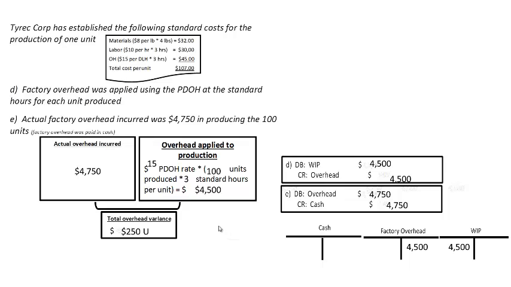I've just posted entry D, and I'm going to now post entry E. And you can see when we post entry E, we now have a factory overhead balance with a debit balance of $250, and that represents our unfavorable factory overhead variance.